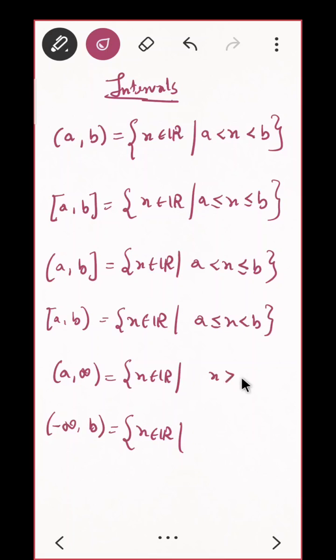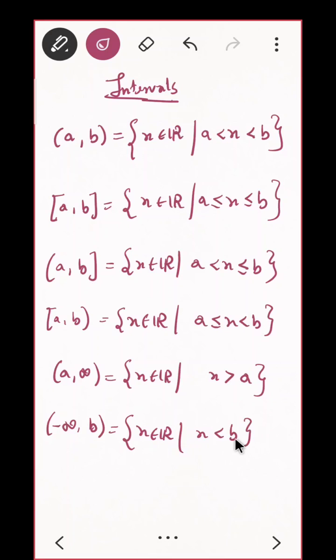X is greater than a. Anything else? No. Good. X is greater than a. Here the bound is only a lower bound, that is x is greater than a. The upper bound can be anything. Perfect. What about this one? Yeah, x is less than b.